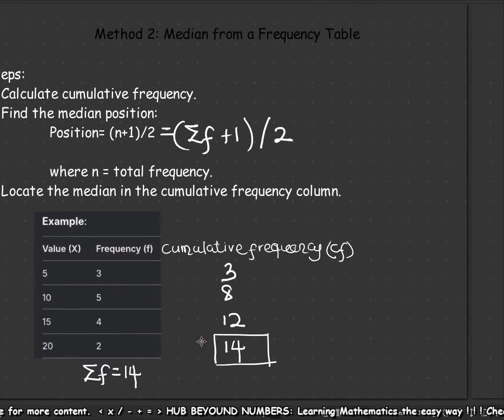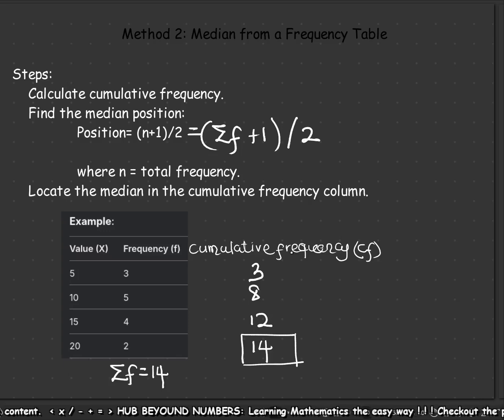And looking at our table, where do we have a cumulating frequency of 7 occurring? Take note. Up to the 5, we had a cumulating frequency of what? 3. So 7th will be around here as well, because we go to 7 and then 8.